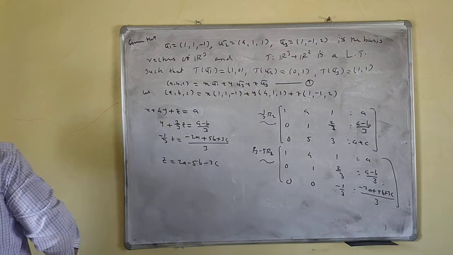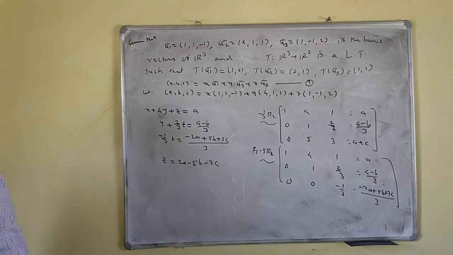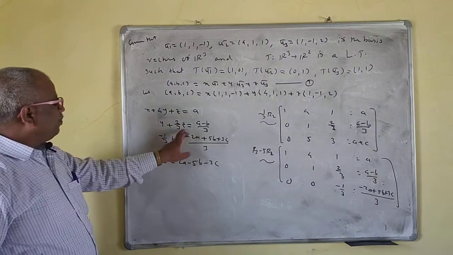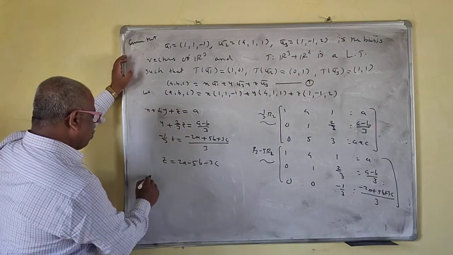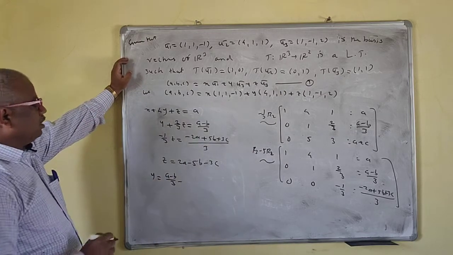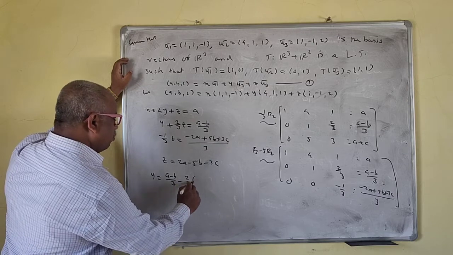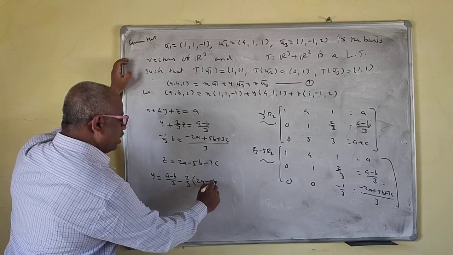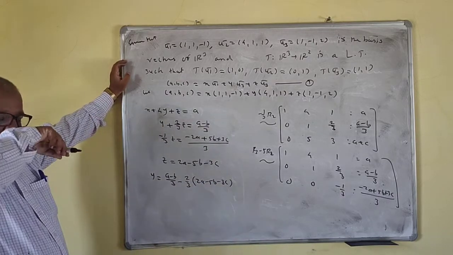We'll check our answer. Okay, now we'll put here back substitution. So y is equal to (a minus b) upon 3 minus 2/3 times (twice a minus 5b minus 3c).